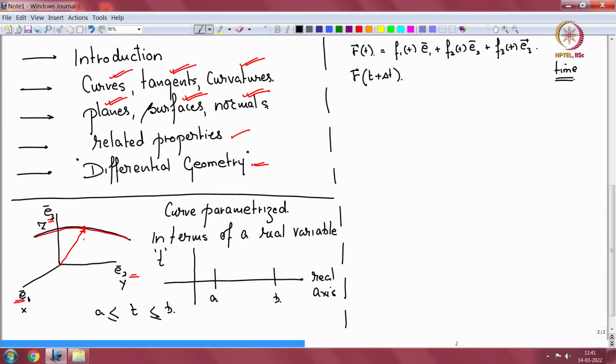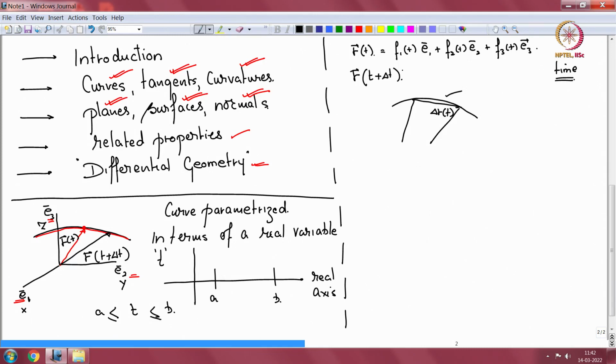So now if I say that I have another point t plus delta t later, the first one is r of t, the second is r of t plus delta t. So, if I draw it here again, this is r plus delta t, this is delta r of t.